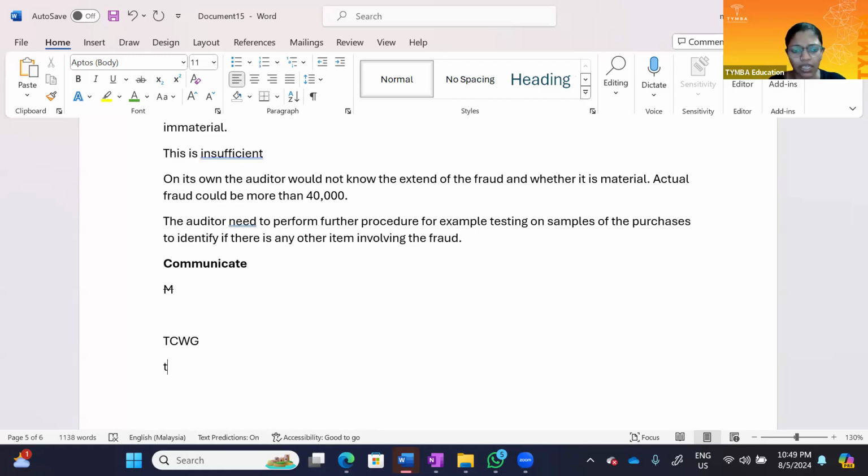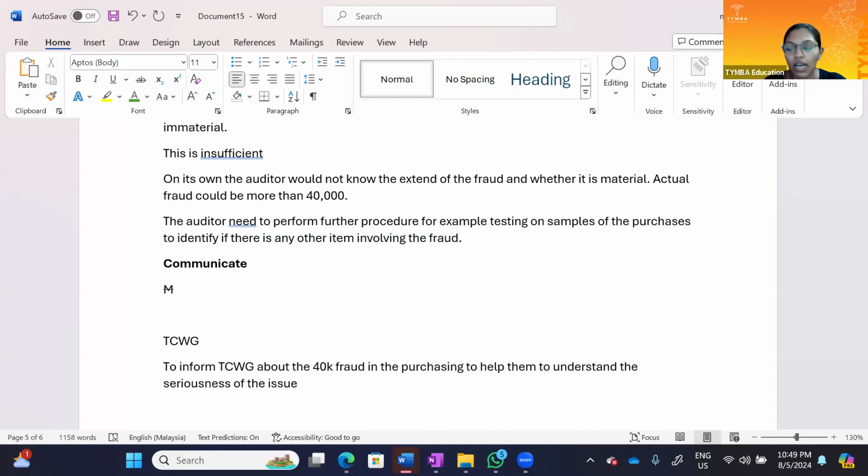So I inform those charged with governance about the 40,000 fraud in the purchasing, to help them understand the seriousness of the issue.